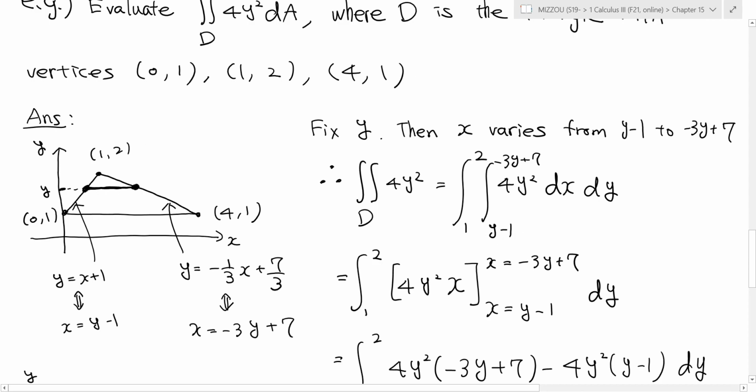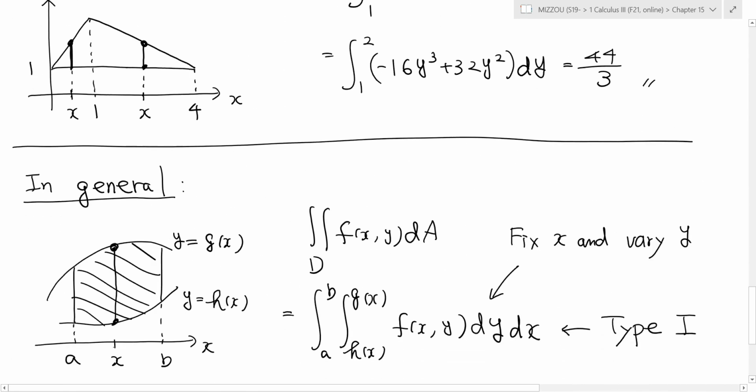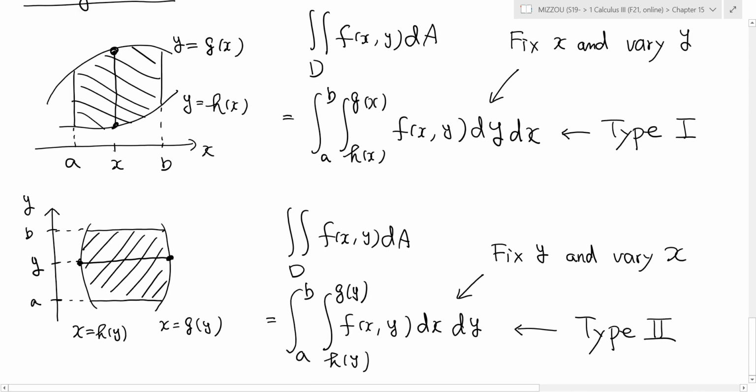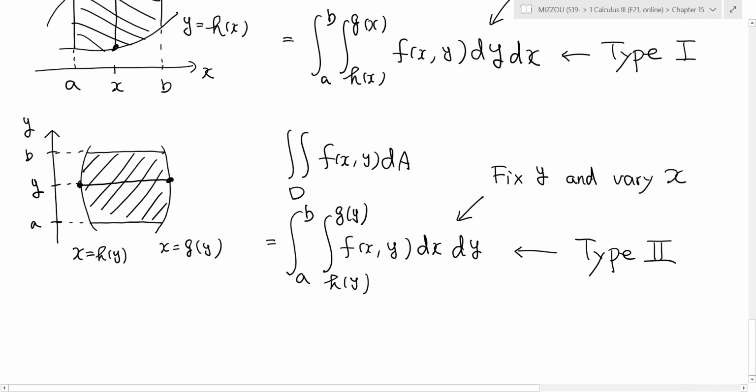Okay, and on the other hand, the fourth example is like this, right? This example can be viewed as both type 1 and type 2.